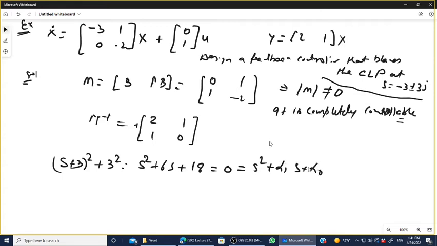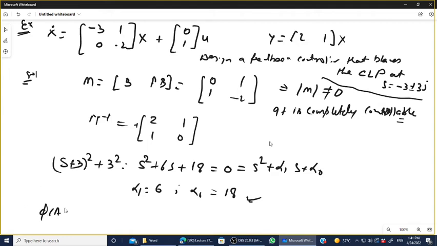So alpha 1 is 6, and alpha naught is equal to 18. Remember, it will be needed.